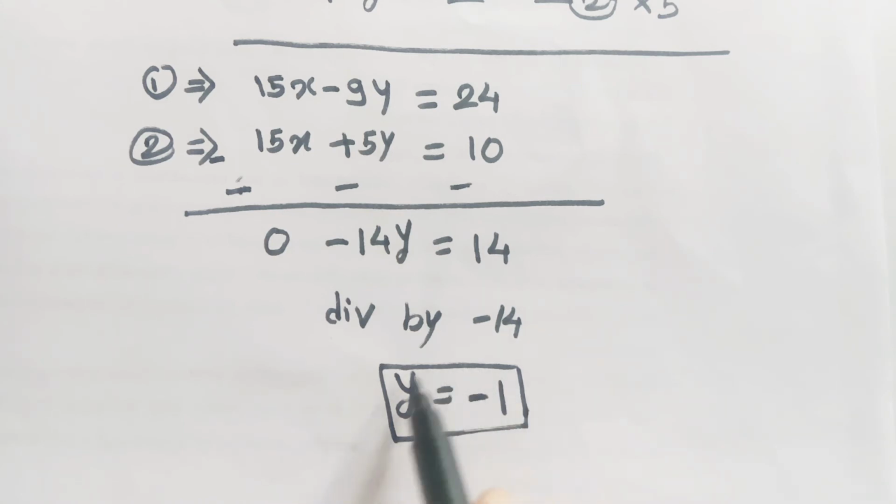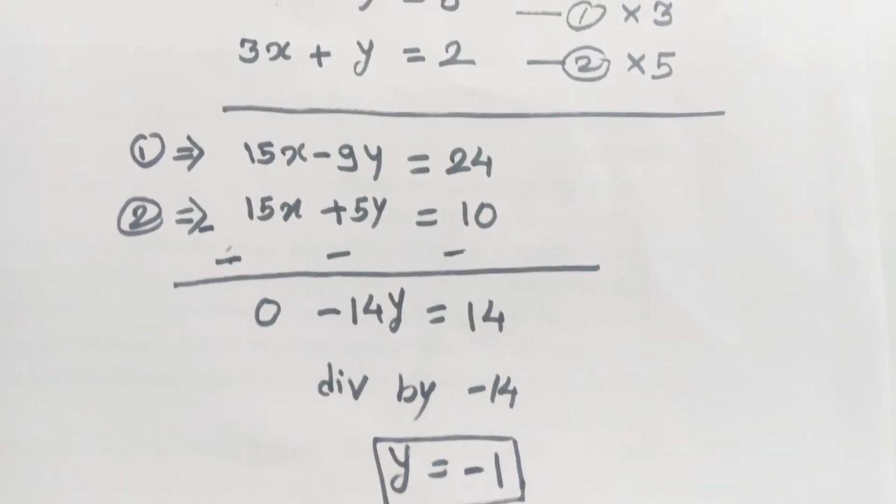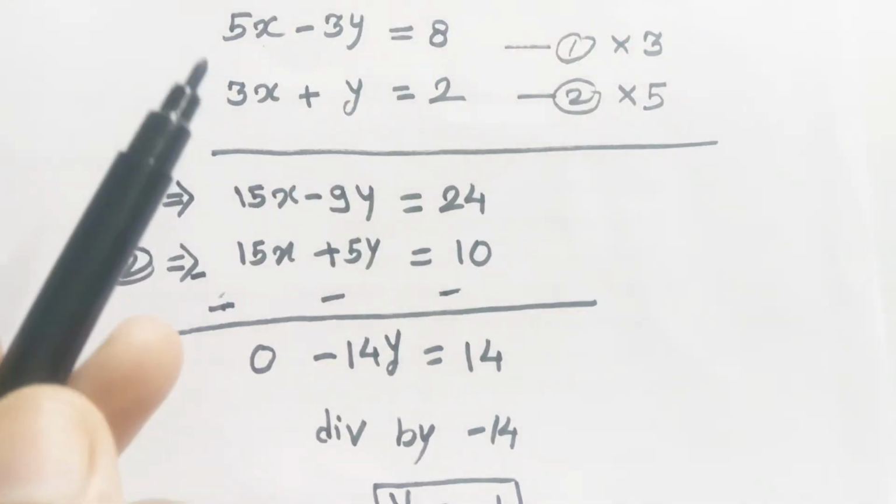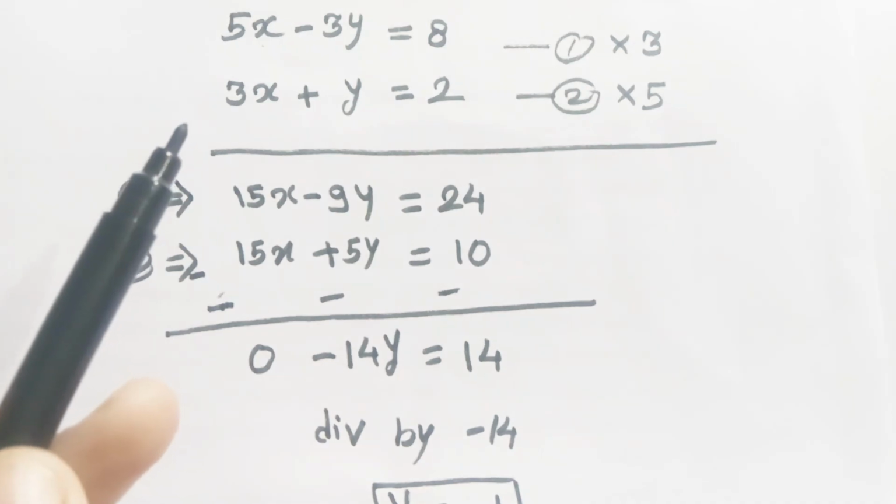With the help of this y, we can put the value of y, minus 1, in equation 1 or in equation 2. You can put it in any one equation, either 1 or 2.